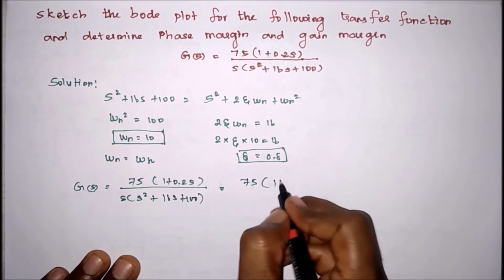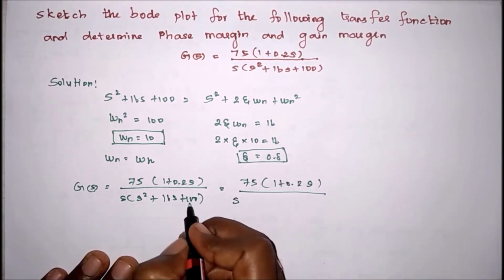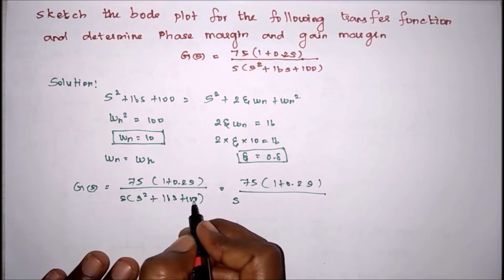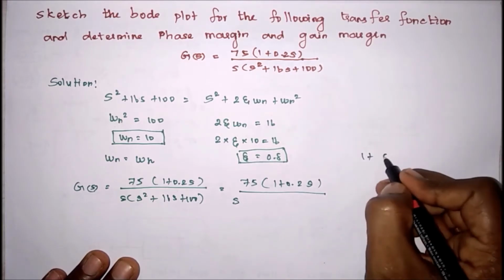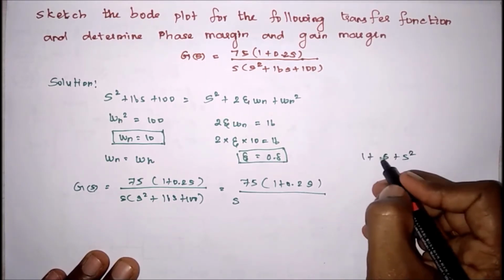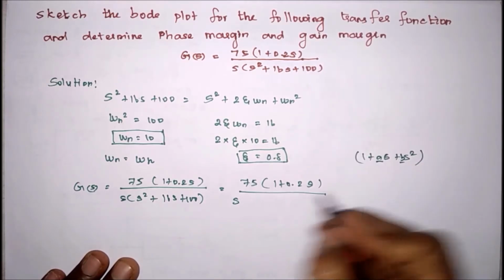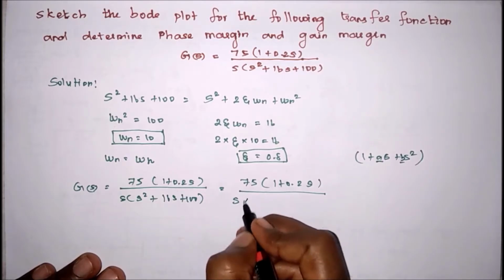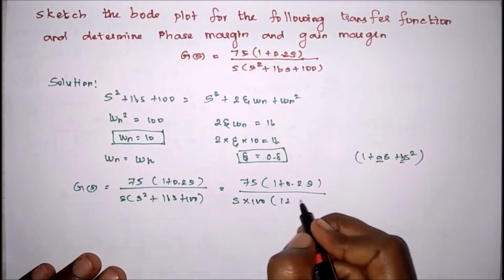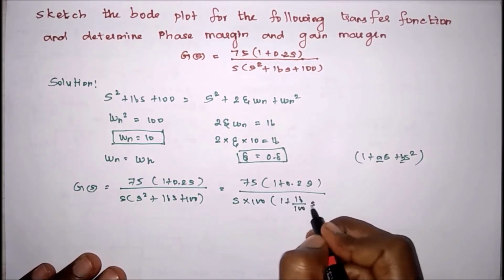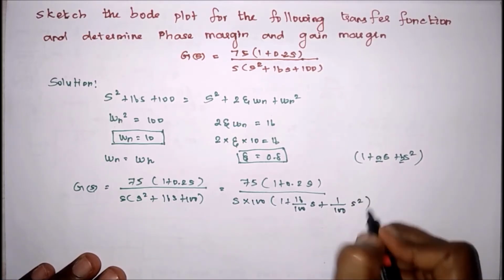To convert this quadratic equation into Bode form, the Bode form is like 1 plus a s term plus b s square. The 100 is a constant, so we take it outside. We get 1 plus 16/100 s plus 1/100 s^2.